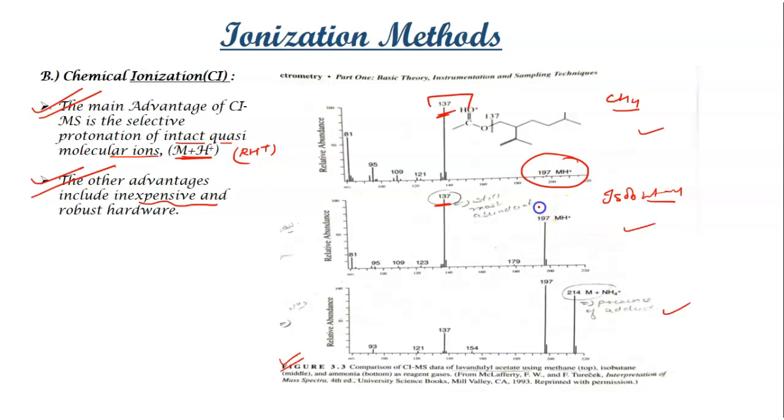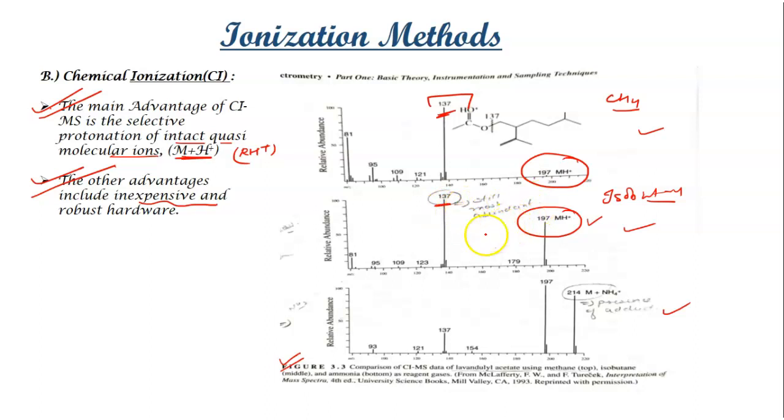You can see the protonated peak is now somehow visible when you are using isobutane as a reagent gas. Fragmentation here is still significant, as the ion at mass by charge 137 is still the most abundant in the spectrum.